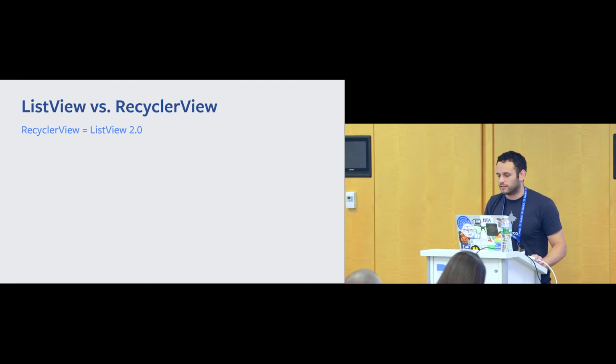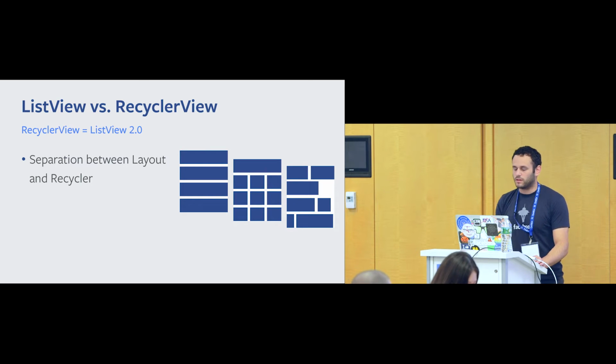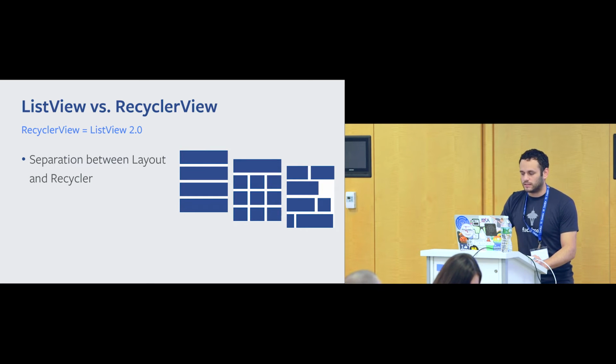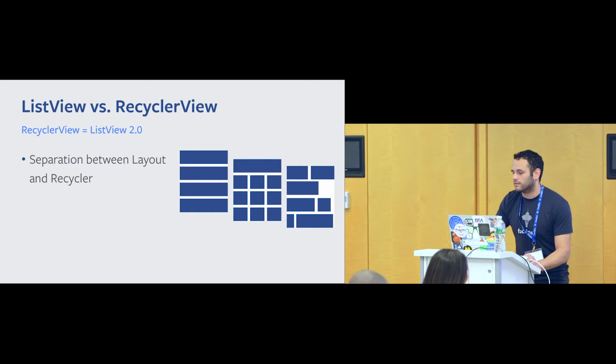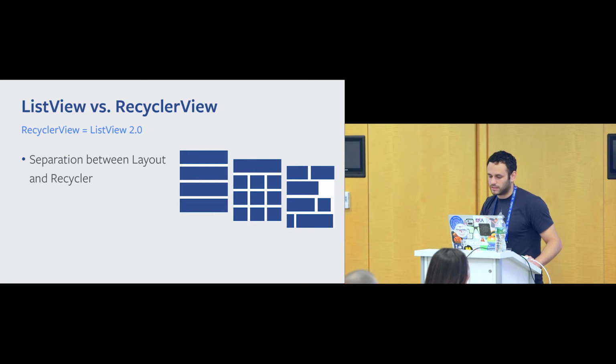You can think of RecyclerView kind of as ListView 2.0. It's not backwards compatible per se, but for the most part, it covers the same use cases. One of the major improvements is that the internal architecture of RecyclerView is broken up into a number of smaller, somewhat independent components, and this allows for greater customizability.